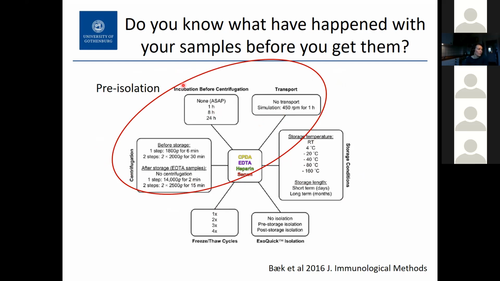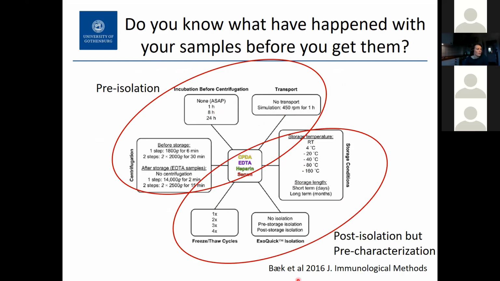So for the EV field, this is before we start isolating the vesicles. These are post-isolation. So we have actually isolated the vesicles, but we haven't started analyzing them yet. But if I send my sample for microarray for looking at RNA, or proteomics mass spec to look at the proteins, these things might matter.